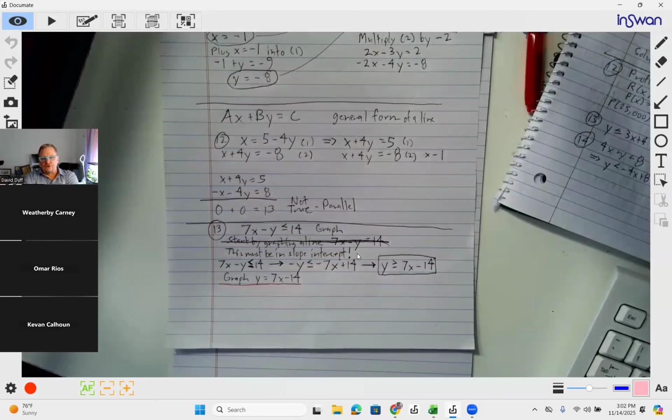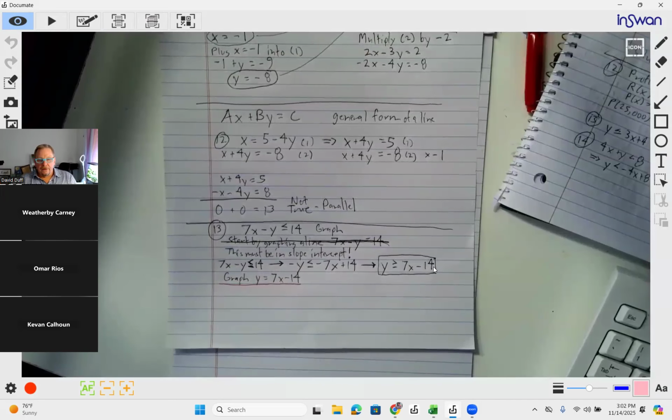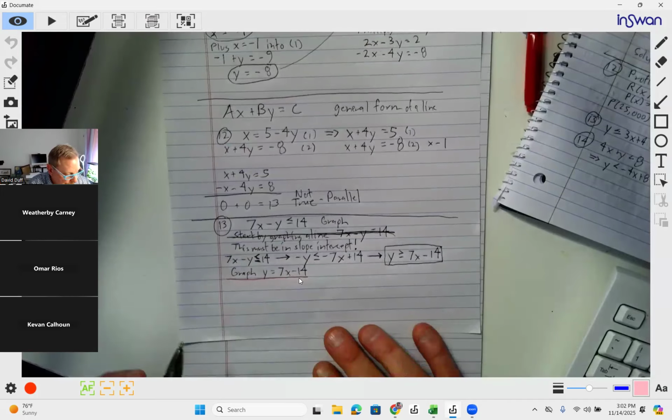Once we have it in slope-intercept form, we're going to graph the line. We're not graphing the inequality, we're graphing the equality, right? So y is greater than or equal to 7x minus 14. That's our inequality. When we graph it, we're just saying, okay, y is equal to 7x minus 14. Now, there's another thing we have to consider.